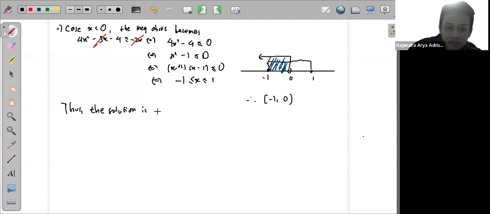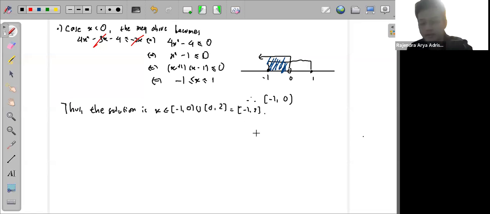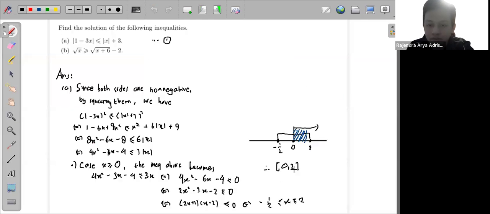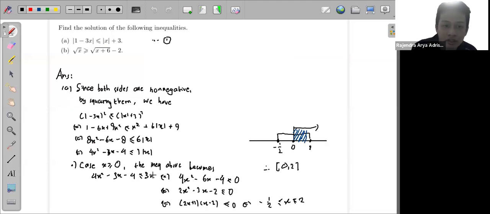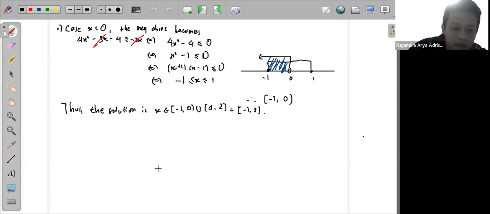So we write it as x must be inside, in this case, union the previous case, which is this, which is none other than minus 1 to a closed interval. We union these two intervals, which will give us minus 1 to a closed interval because 0 is also included there. Yeah, so that concludes our first problem. Let's go ahead to the second problem.